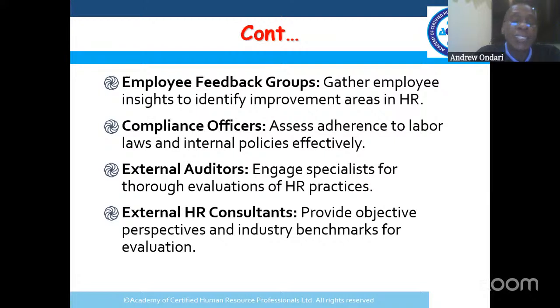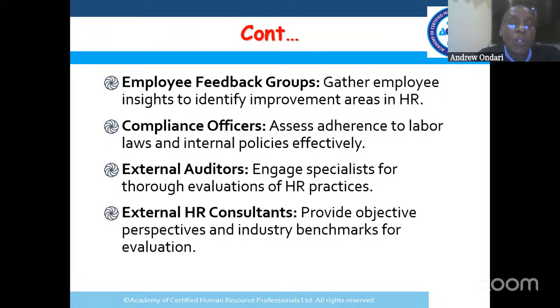External auditors, like the Office of the Auditor General, can also come to evaluate our systems. Previously, they didn't have qualified HR professionals who could do HR audits, but today they have professionals from different areas in finance, in human resource, and even in technical areas such as engineering.